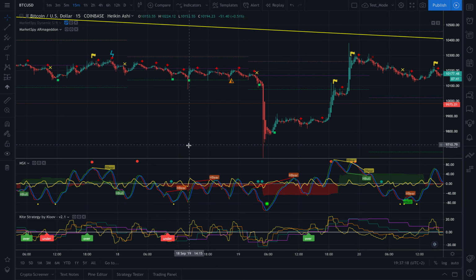And in addition to this great indicator, I love to use this Kite Strategy by Clove because it's very simple, and sometimes you have to keep things simple and they work out best.